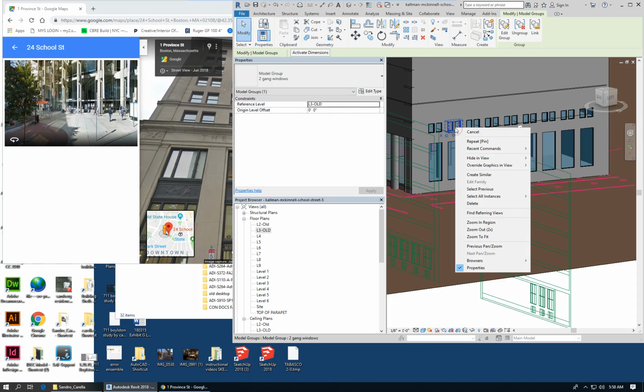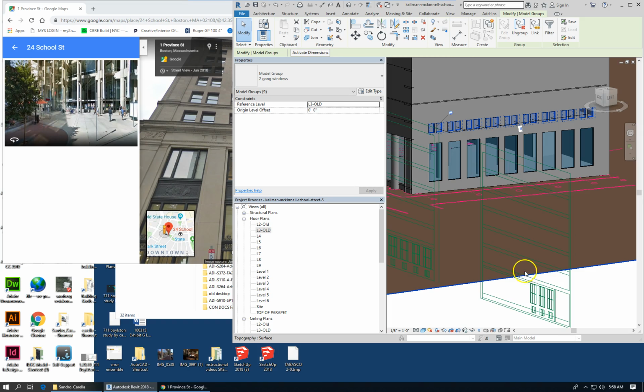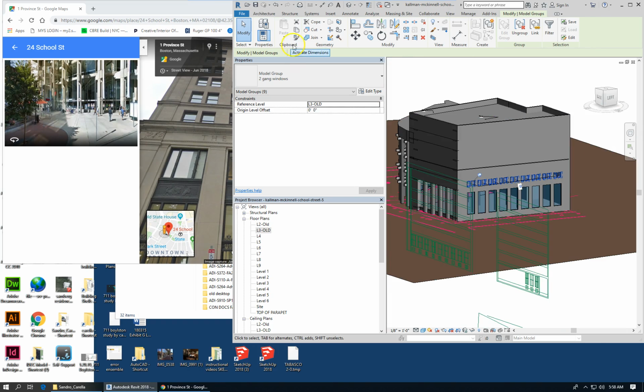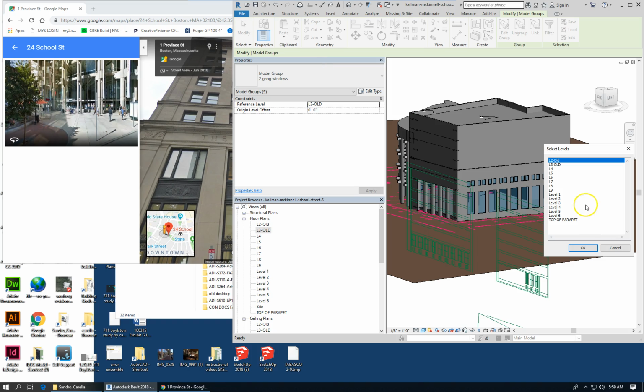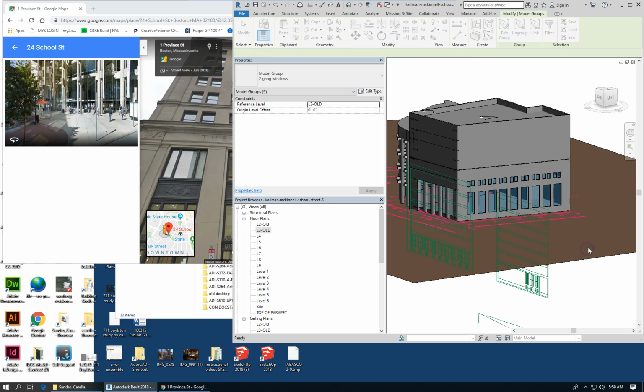Okay, so I can take all instances of this group, copy to the clipboard, and paste aligned to selected levels. Remember I drew them on L3 old, so I want these on 4, 5, 6, 7, and 8.